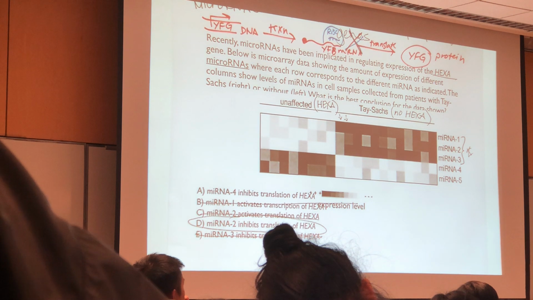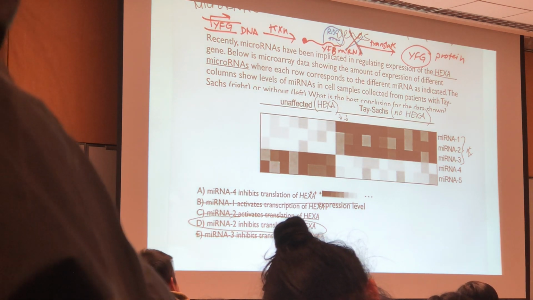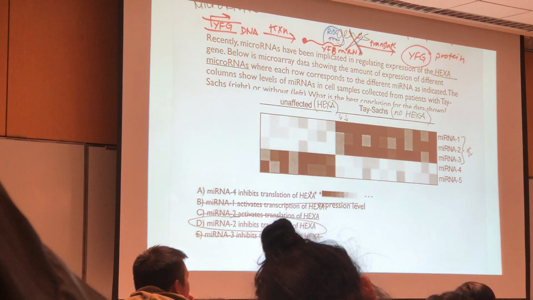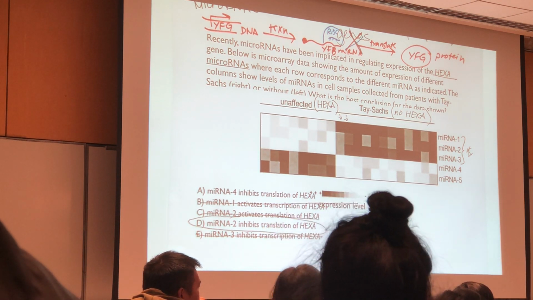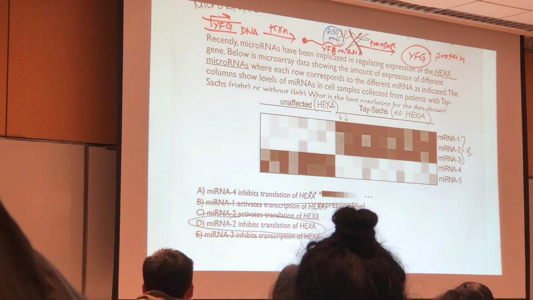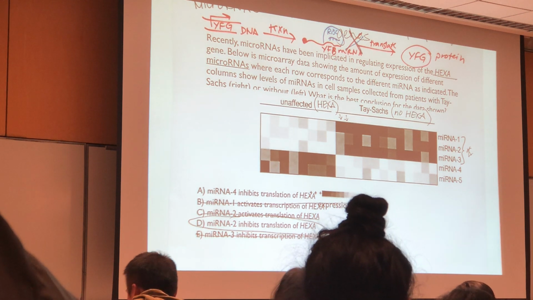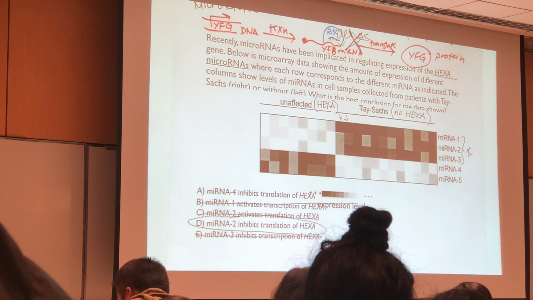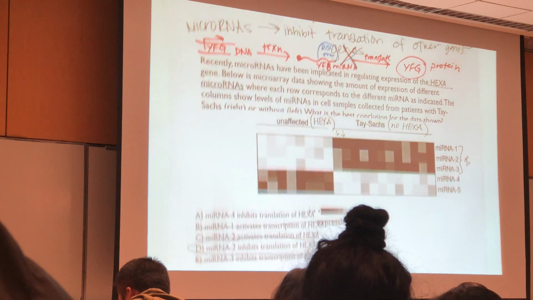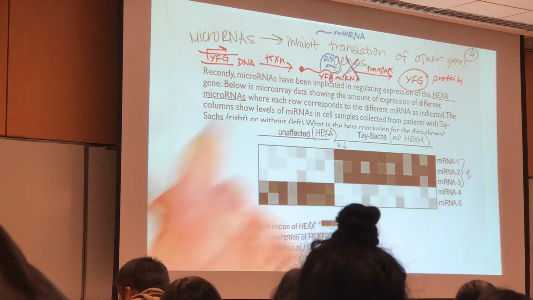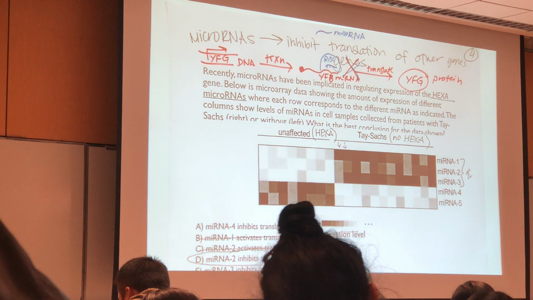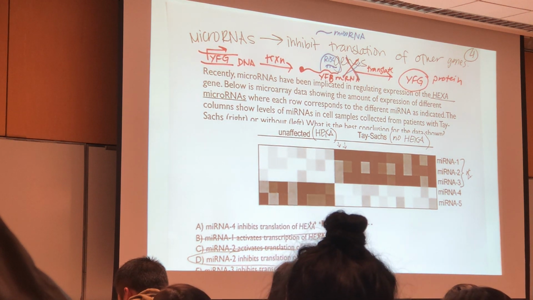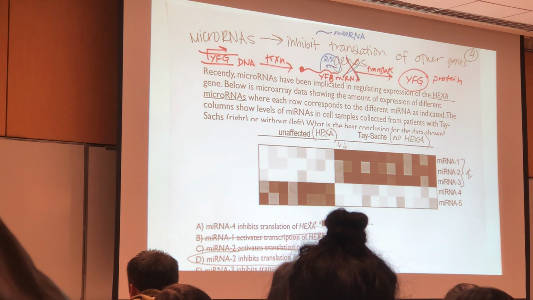So when it says that the microRNAs regulate the expression of the protein, then that means... Whenever it says that a microRNA regulates another gene, that means that microRNA inhibits translation of that gene, always. Not that it would lead to some kind of disease.